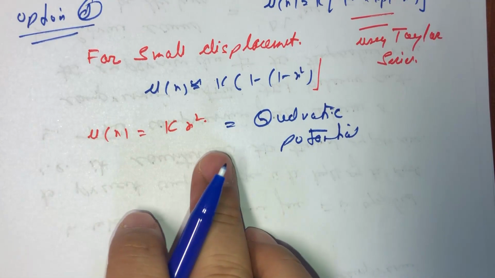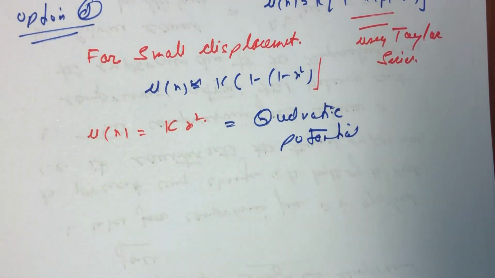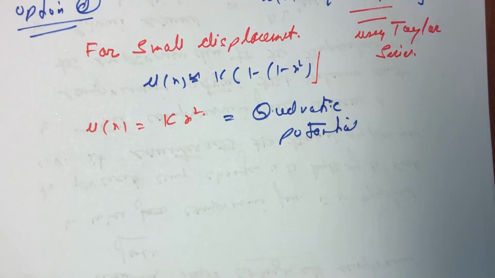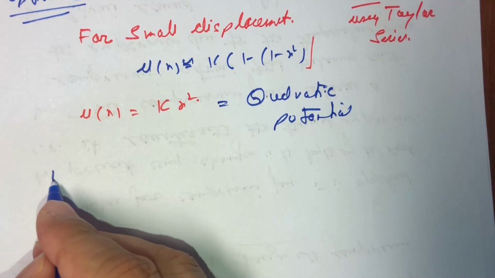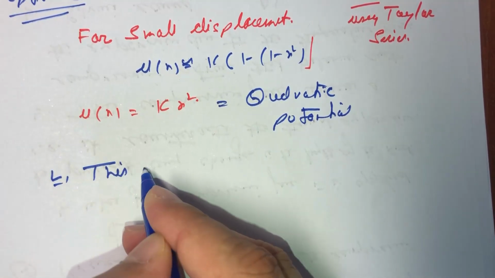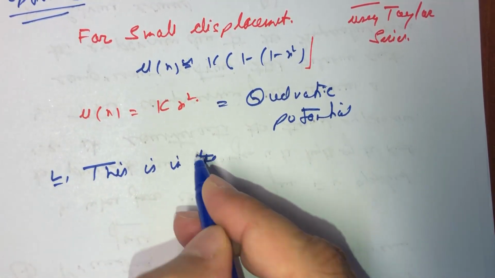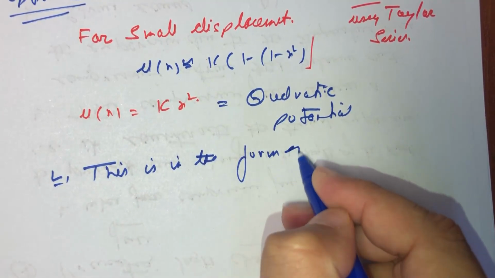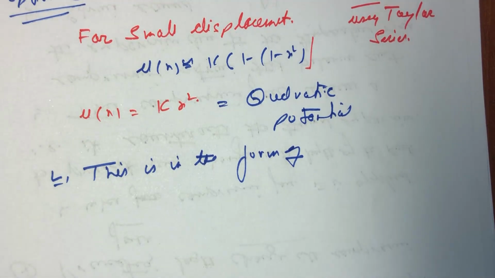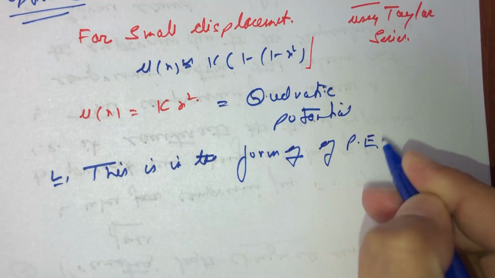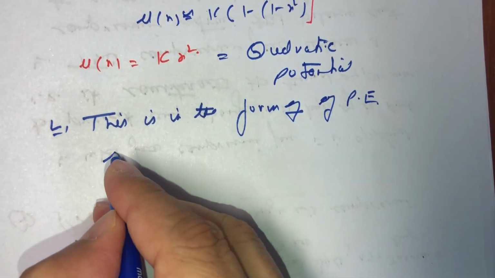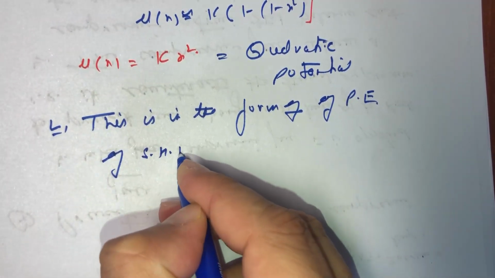That means the energy is a quadratic potential, which is in the form of the potential energy of a SHM. Therefore, this is in the form of the potential energy of SHM.